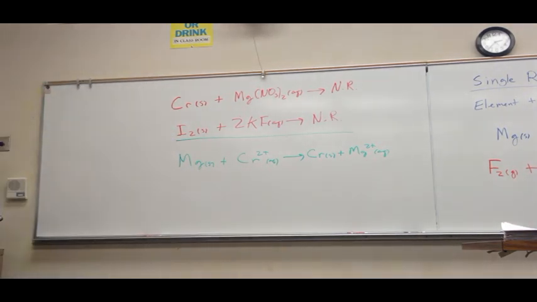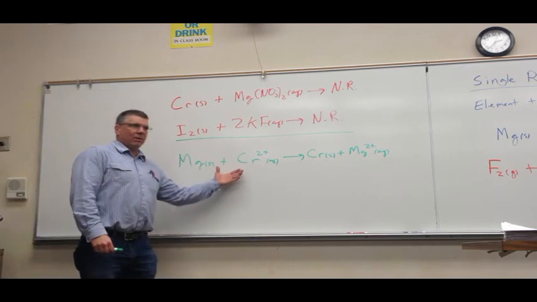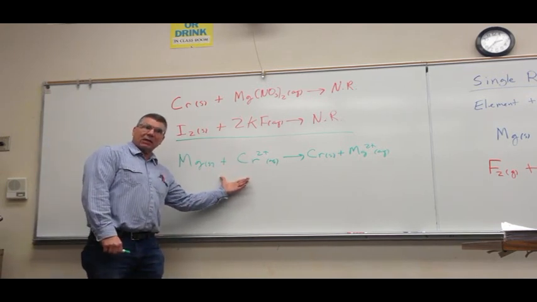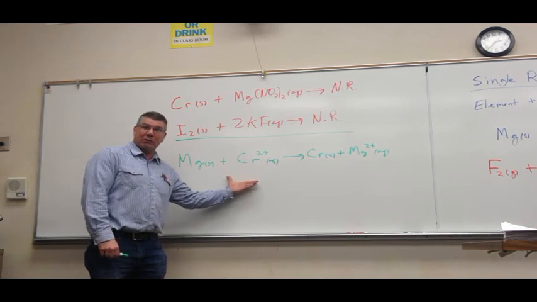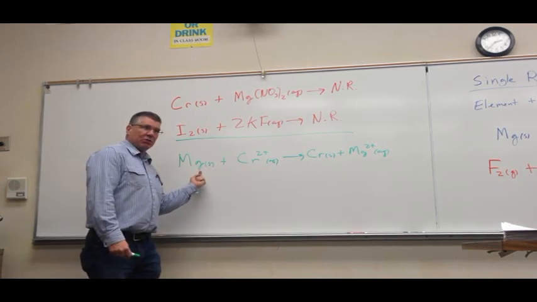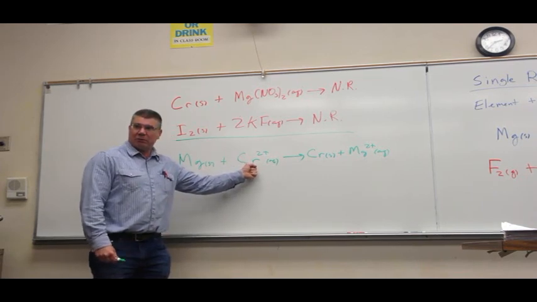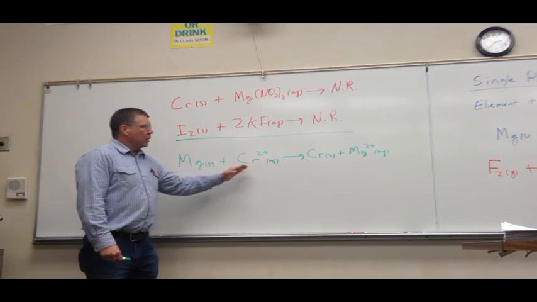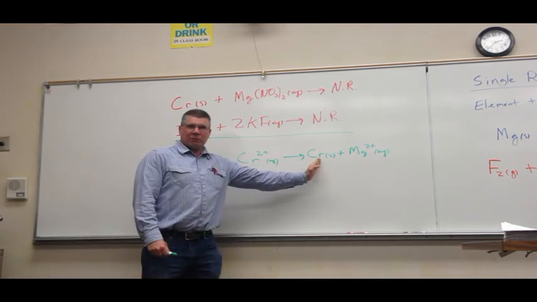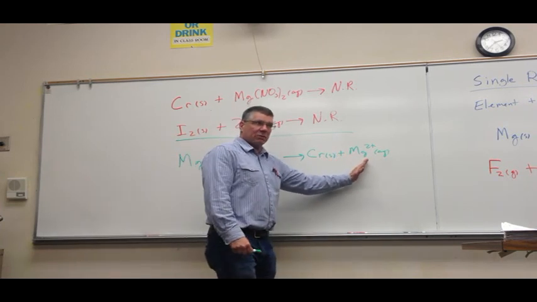Those of you that remember net ionic equations? I'll go over that a little later. But anyway, accepting for the moment that this is the net ionic equation, this shows the chemistry that's going on there. And what's happening here, magnesium has no charge, it's metallic magnesium. Chromium has a positive 2 charge. Over here, chromium has no charge, it's metallic chromium, whereas magnesium has a positive 2 charge.